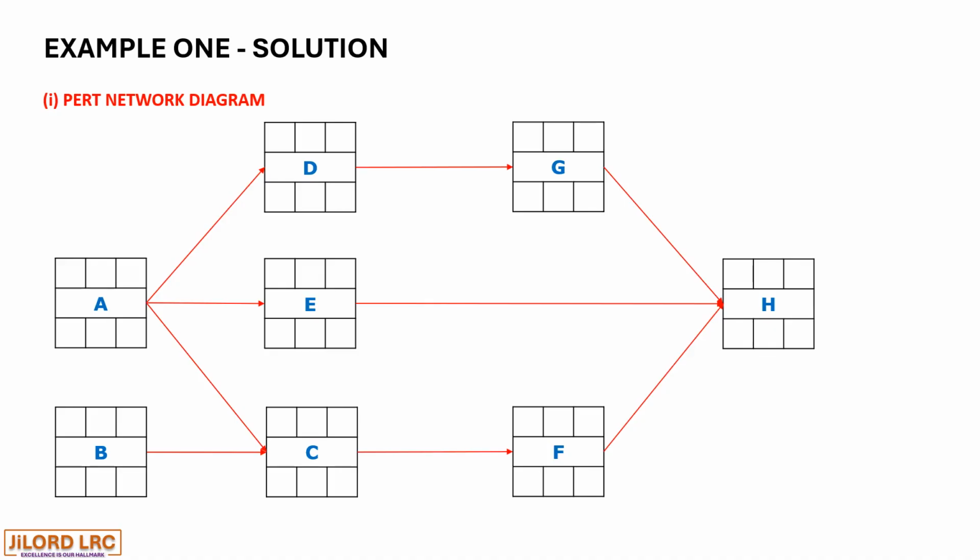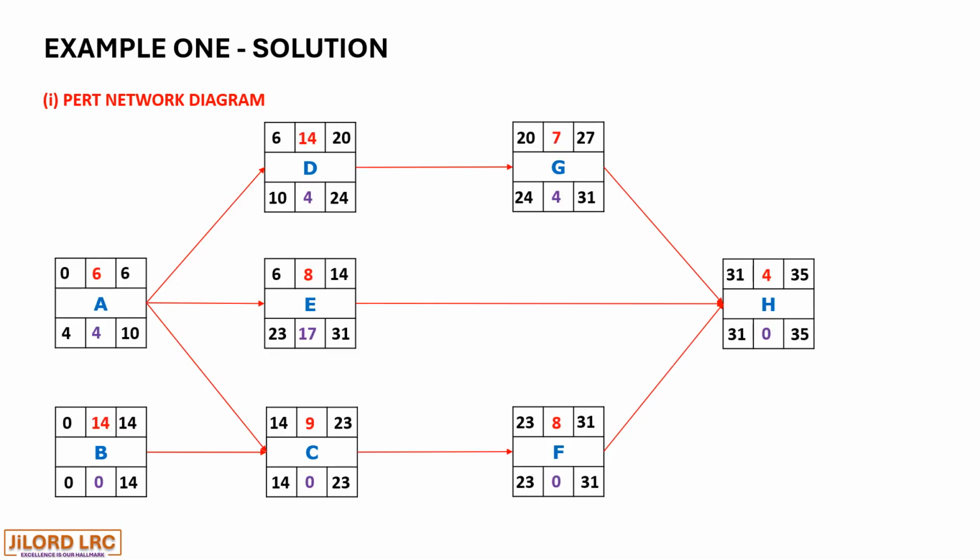I have done that, and the values are entered. So when we look through the network diagram, B has a zero float, C has a zero float, F has zero float, and H has zero float. And that path would be our critical path.